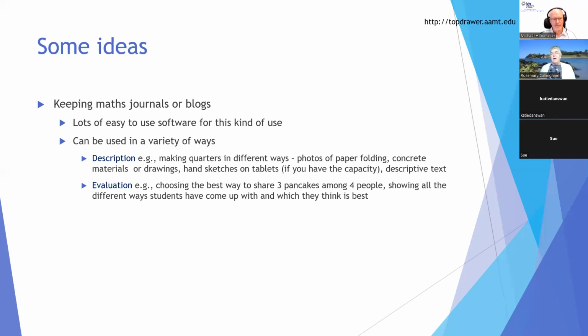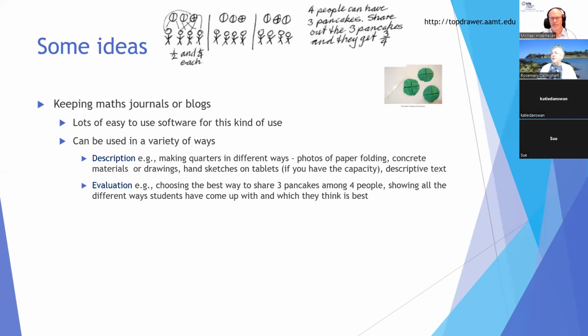So there's lots of possibilities to use a journal or a blog to describe what you're doing. You can evaluate things. So there's a classic problem. It became pikelets, but if you go to the AAMT Top Draw website, they've changed it to pancakes. If you give this problem to children, this is again probably grade 2, 3, sharing 3 pancakes among 4 people. You can make it more complex, sharing 7 pancakes amongst 9 people, for example, and so on.